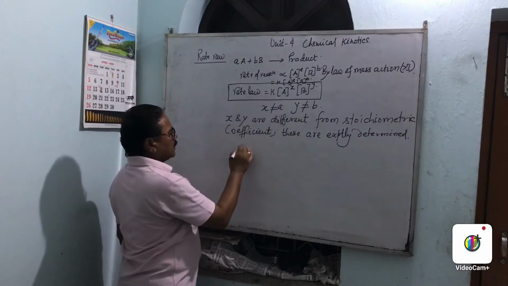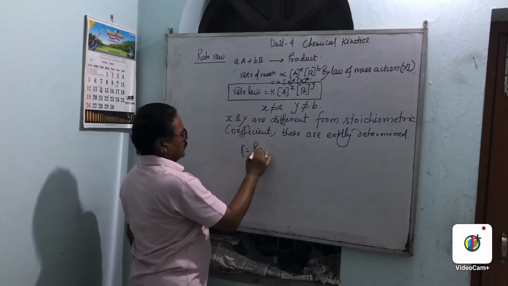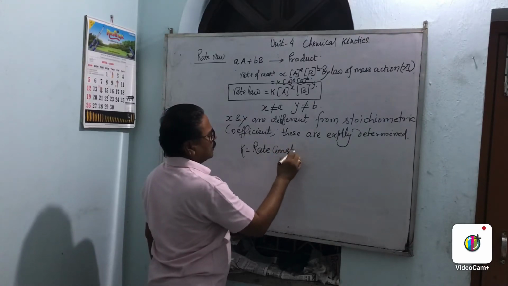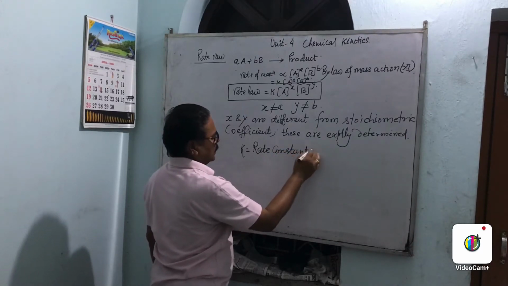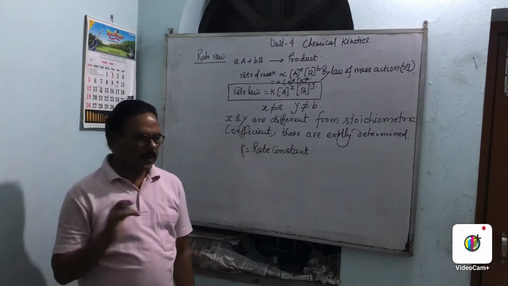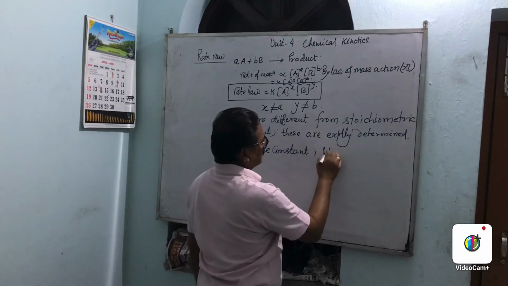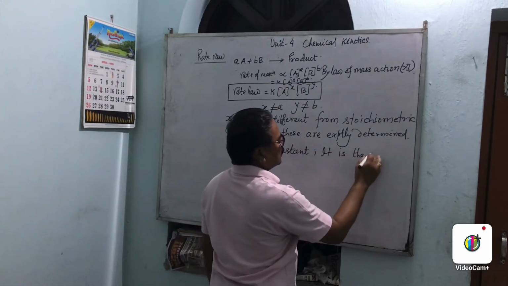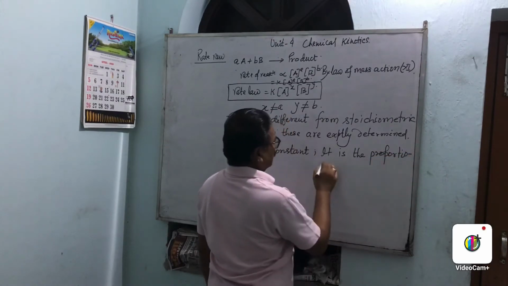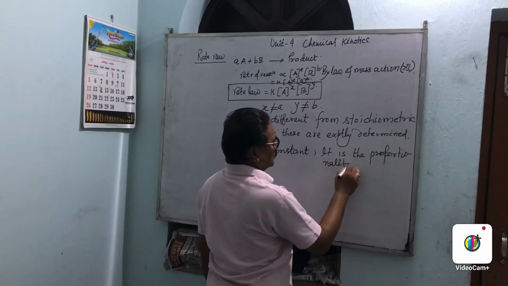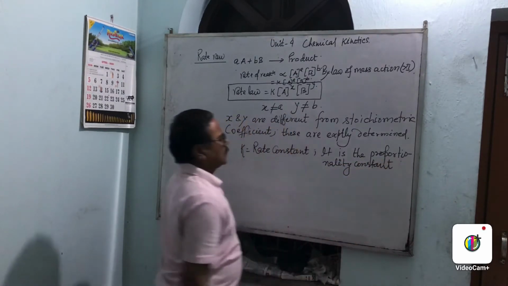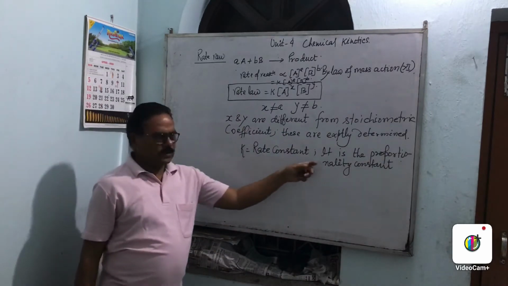Now here k is called the rate constant. What is the rate constant? It is the proportionality constant of the rate law, known as the rate constant.